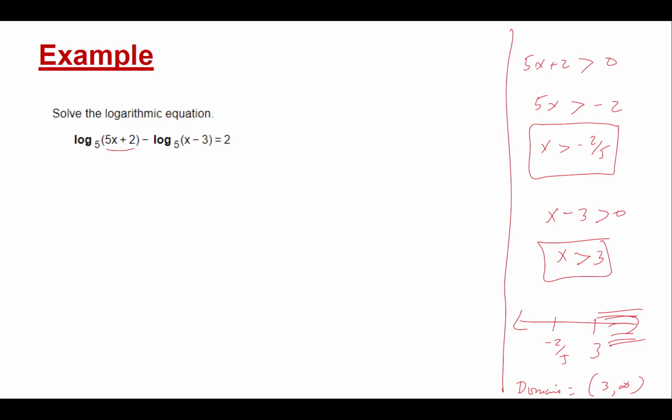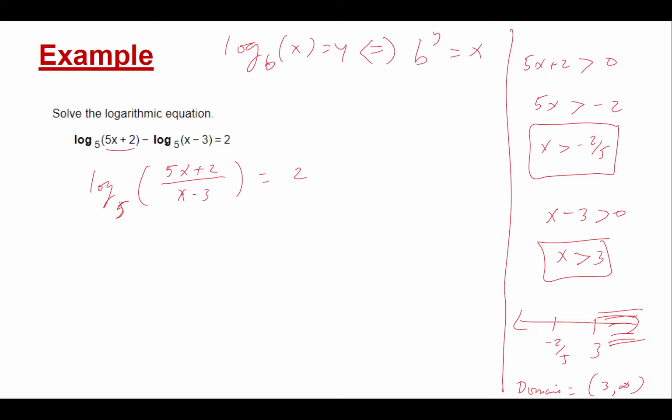Now after that, we can combine the log functions on the left side by using the quotient rule, and then there is a 2. Now we can use the log property: log base b of x equals y is equivalent to b to the power y equals x. So 5x plus 2 over x minus 3 equals 5 squared. 5 squared means 25.